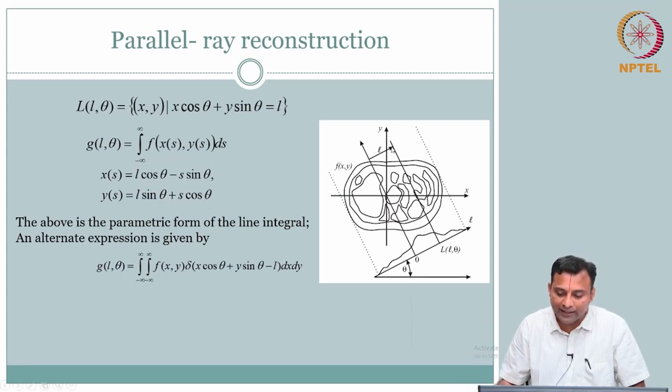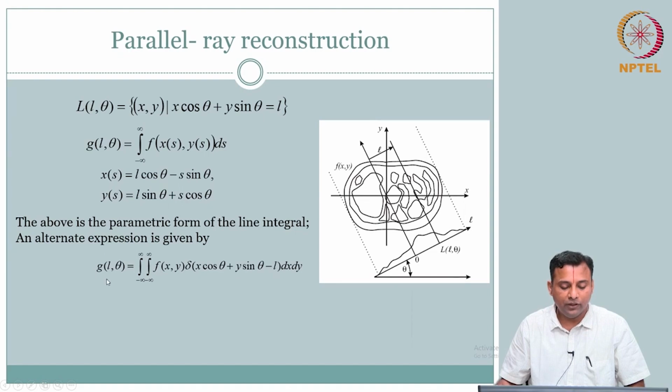So we can also see this line as your f of x comma y, where you are picking this line from f of x comma y. How am I picking this line? I just say the delta function exists only on this line. My delta function exists when the argument is 0. Here, when is the argument 0? When l is equal to x cos theta plus y sin theta.